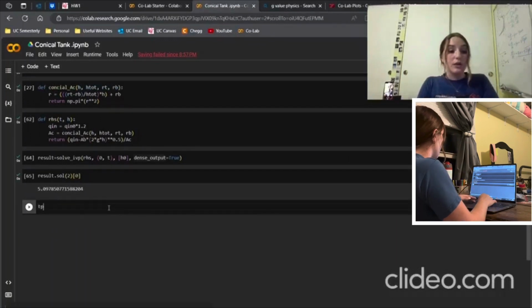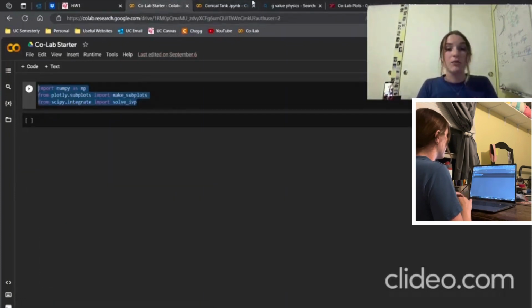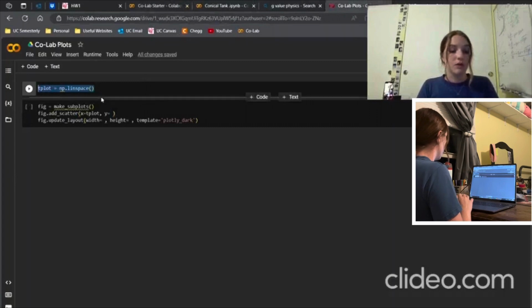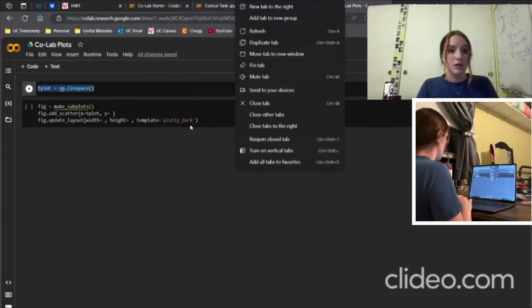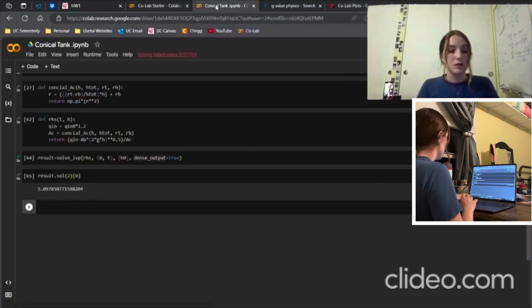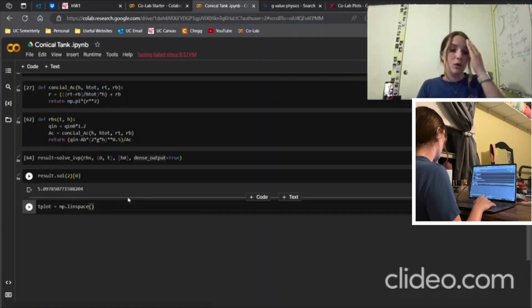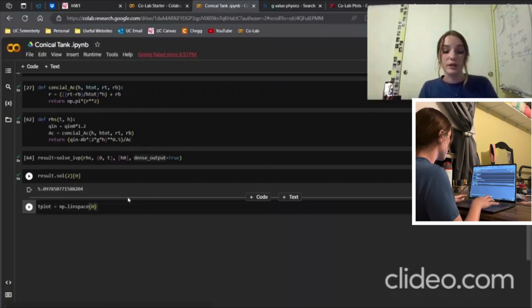So now we can plot this function. So if we take tplot equal to linspace. So we have to say that we want to run our plot from 0 seconds to our time end, and we want 100 data points.